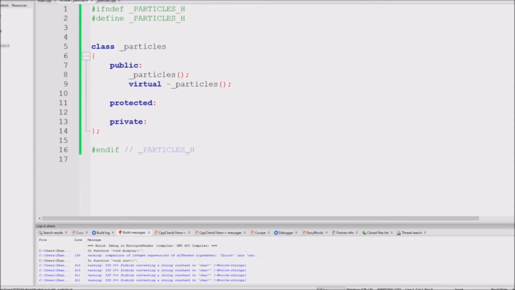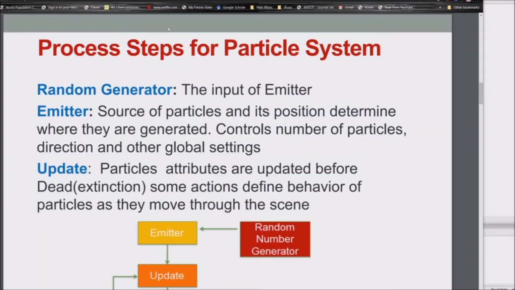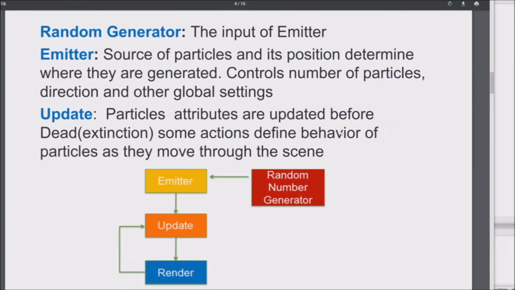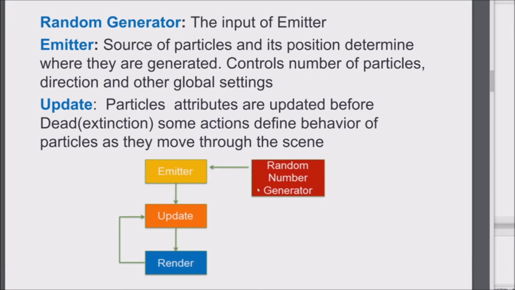This is based on the lecture. We have done one particle lecture talking about the very basic things of particles, which is listed here. This is the way that it should work.